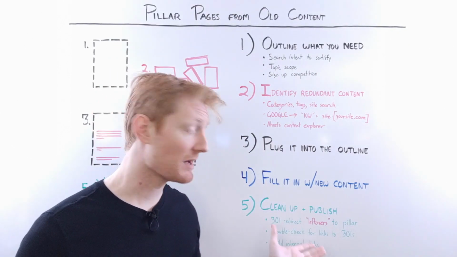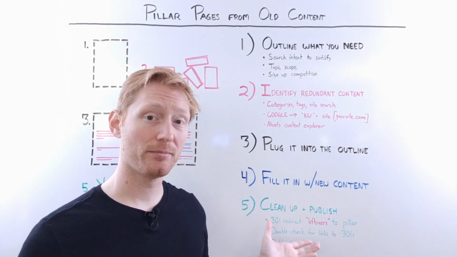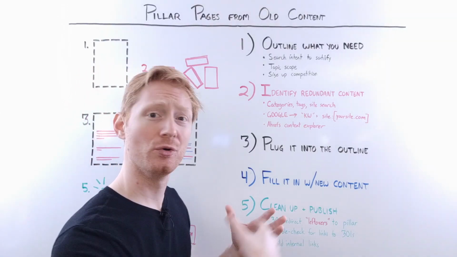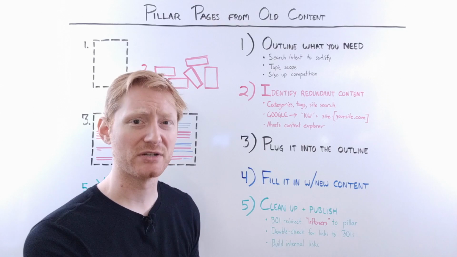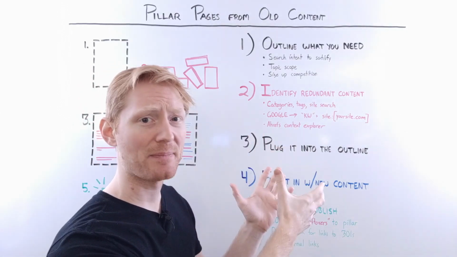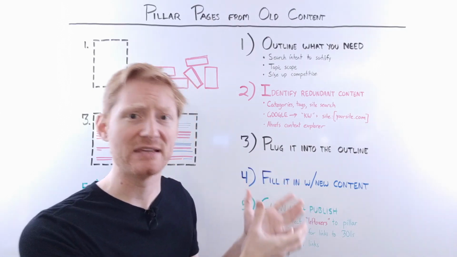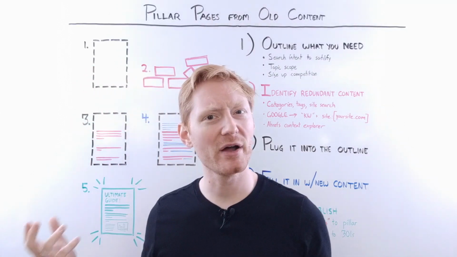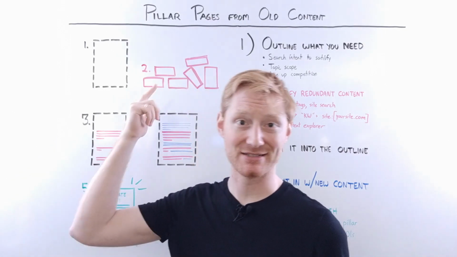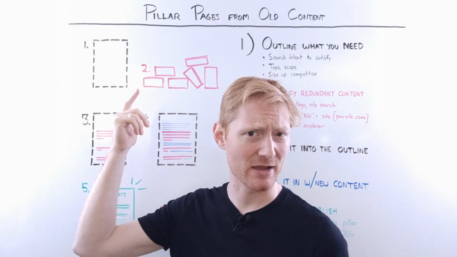You will want to double check that new pillar page to see whether or not you are linking to some of those leftovers that you redirect. That's something that can fall through the cracks. You know, if you're copy pasting in from an old piece of content into a new one, then you might have some content that references content that you're trying to get rid of.